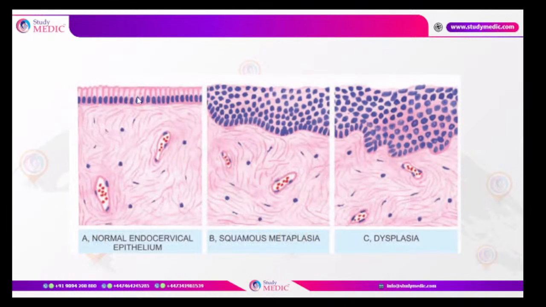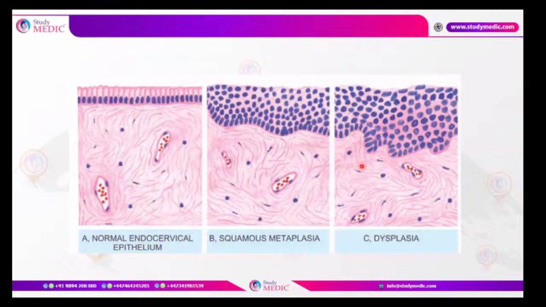So as you can see, this is also one of the examples where we can see a normal endocervical epithelium when it is undergoing the squamous metaplasia, and then this is the dysplasia, where you can see disordered orientation, loss of polarity, and starting from basal layer to the superficial layer, it is disorderly arranged.